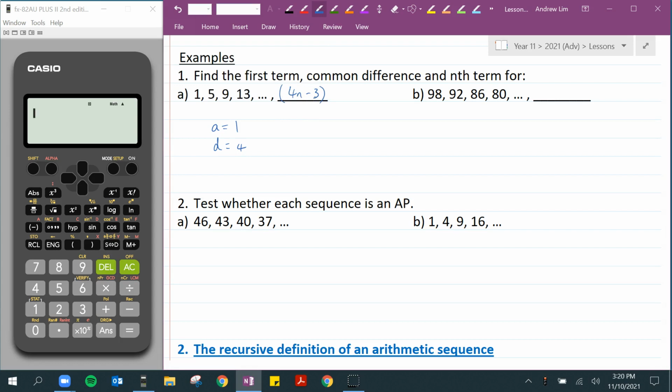What about question B? We know that the first term is 98. But the common difference that they all have, we can see here it's going down by 6. So it needs to be minus 6. Or another way to do it, 92 minus 98: take a term, subtract the previous term.